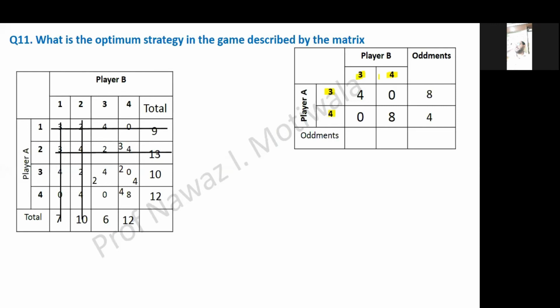Similarly column wise, 4 minus 0, I will get 4, which I will place in the second column, and 8 minus 0, I will get 8, which I will put in the first column. And then finally I will write the value of P1. Particularly it will be P3, but just for writing purposes I will write P1.